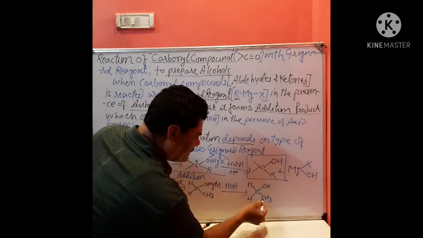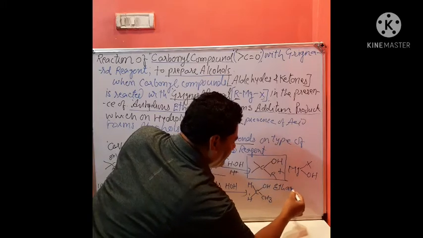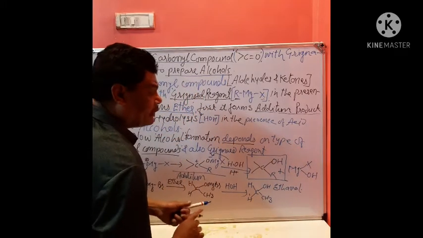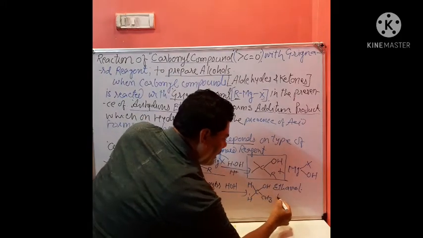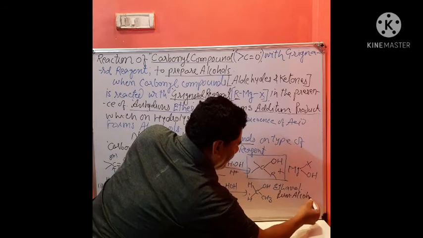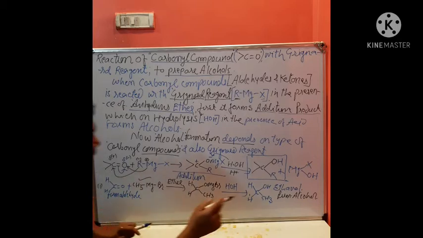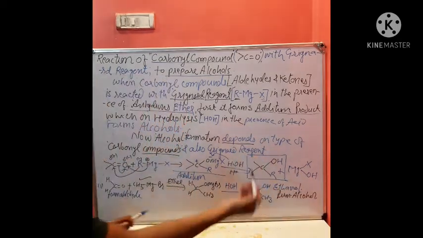So now the compound is CH3CH2OH, that is simply ethanol, a primary alcohol. So when formaldehyde reacts with a Grignard reagent, it forms a primary alcohol.